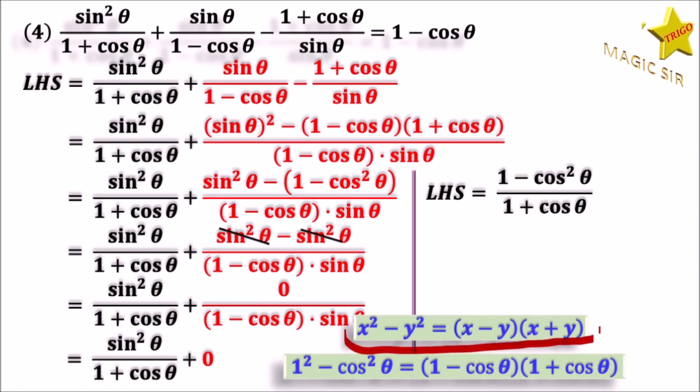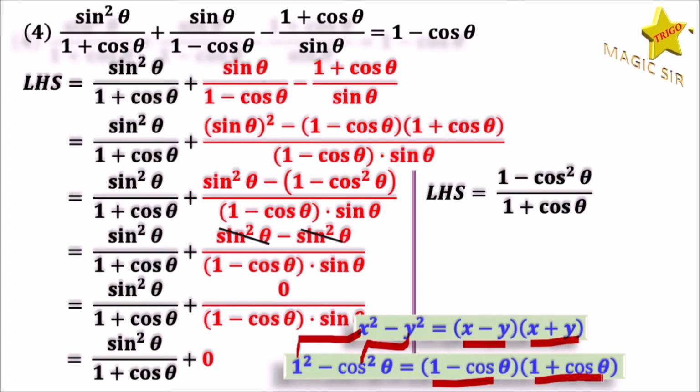Now apply the formula of x square minus y square is equal to x minus y into x plus y. Let us suppose x equal to 1 and y equal to cos theta. Then x minus y equal to 1 minus cos theta and x plus y equal to 1 plus cos theta.